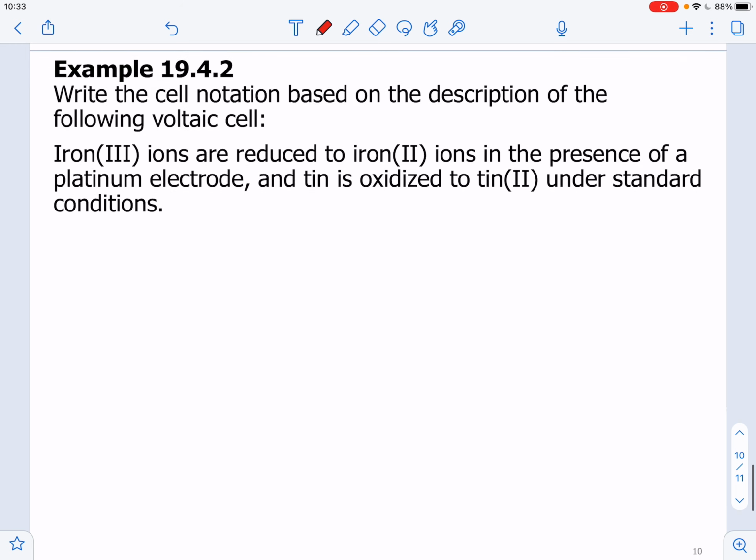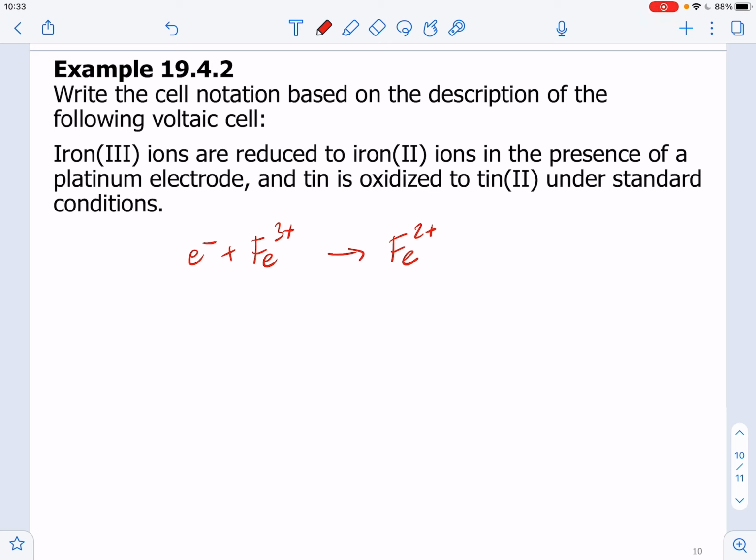Now in this particular case, we have iron 3 ions being converted to iron 2 ions. So that is iron 3 plus going to iron 2 plus. The oxidation number is getting less positive or more negative, so that is actually a reduction. Iron 3 is gaining an electron.